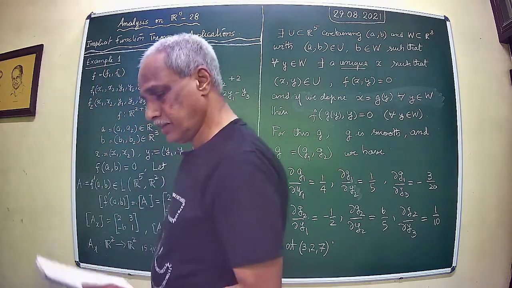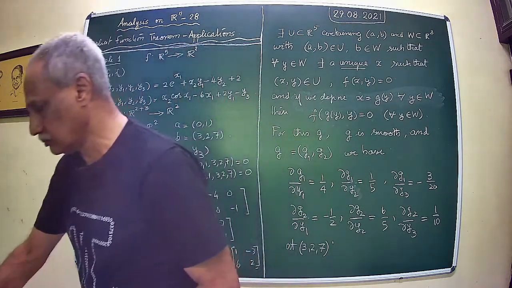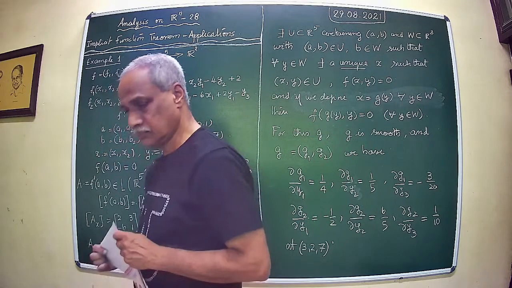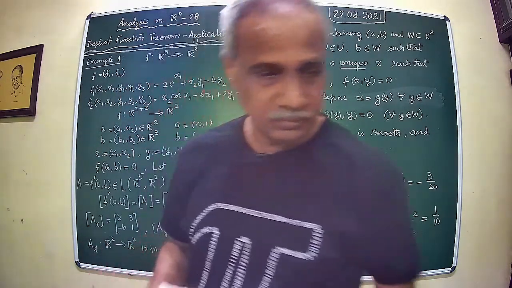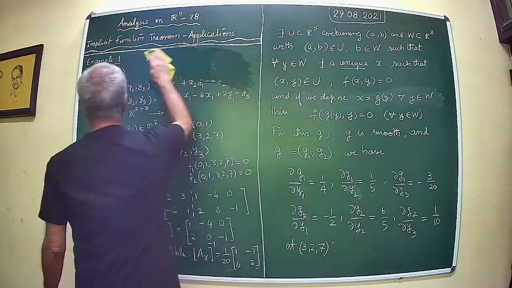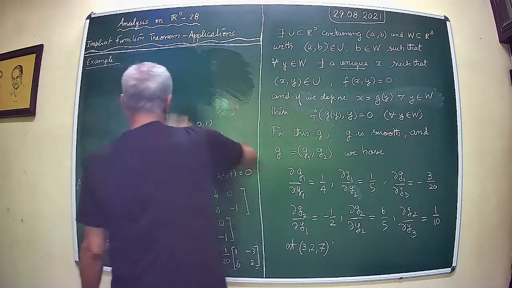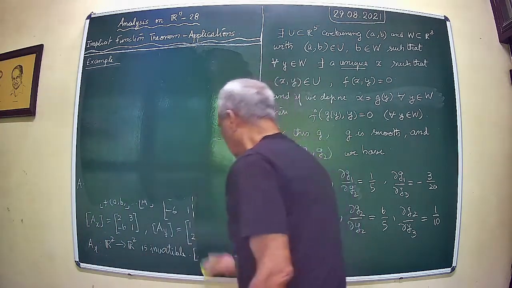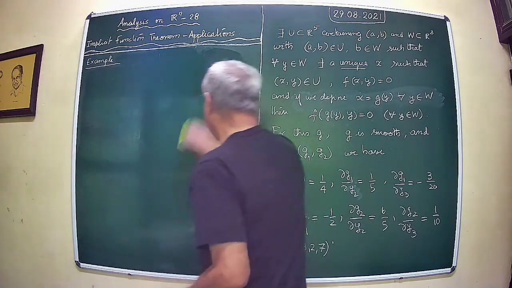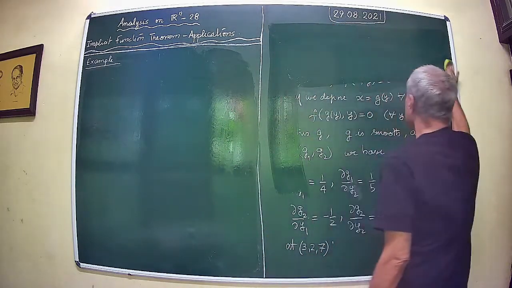Now we take up another example. Second example, which can be solved with the help of the implicit function theorem.